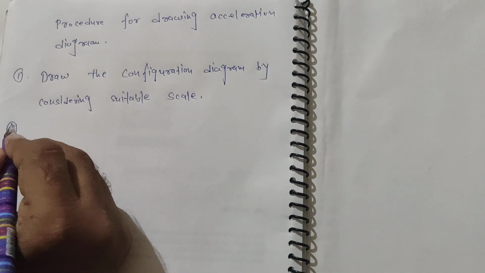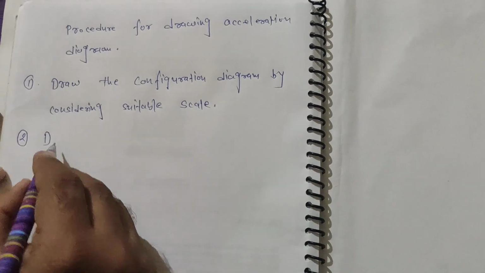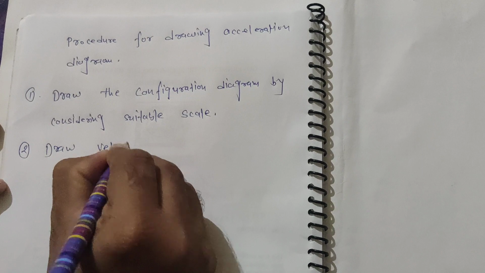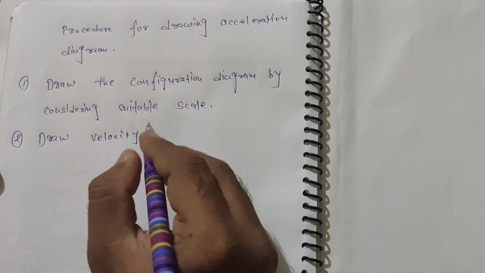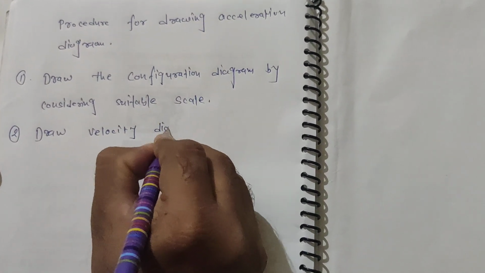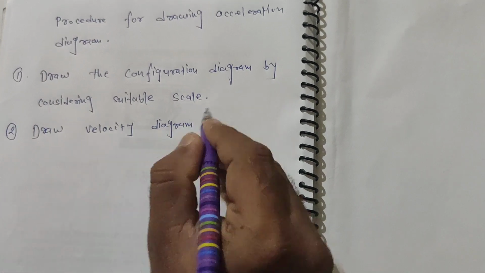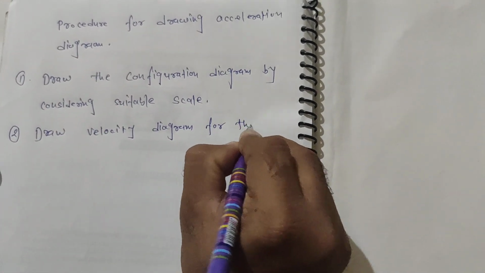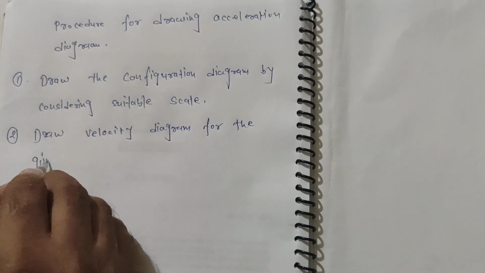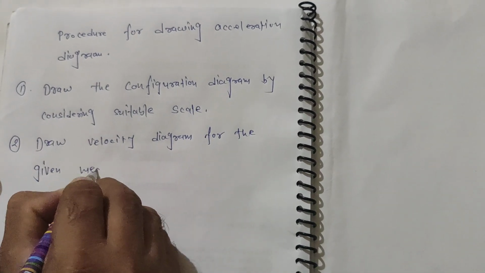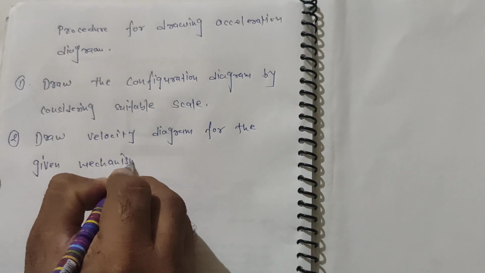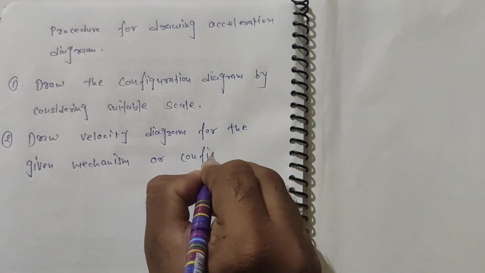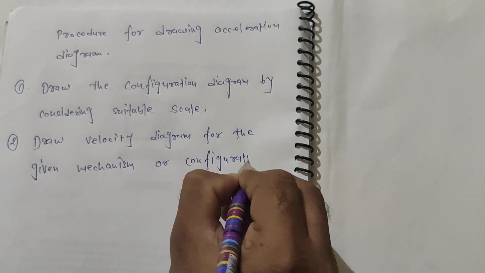Second point, draw the velocity diagram for the given mechanism or configuration diagram.